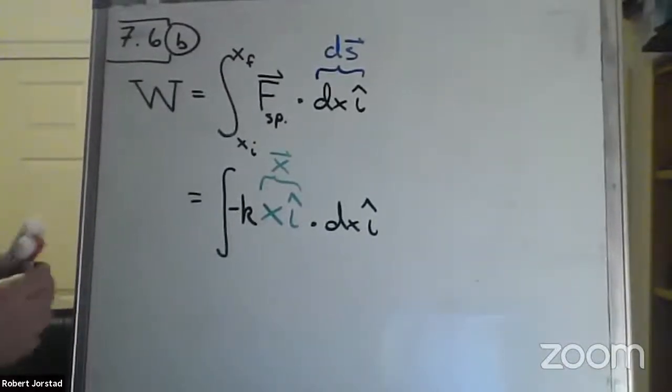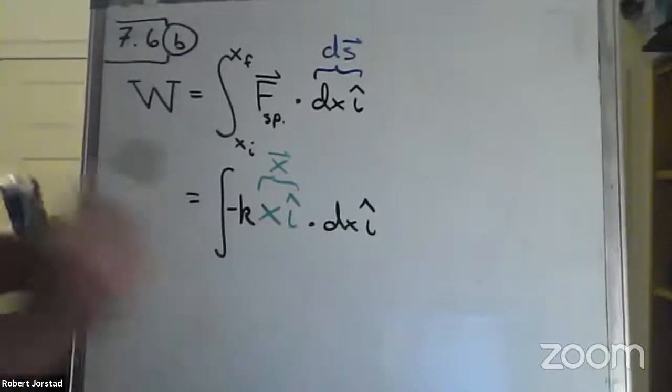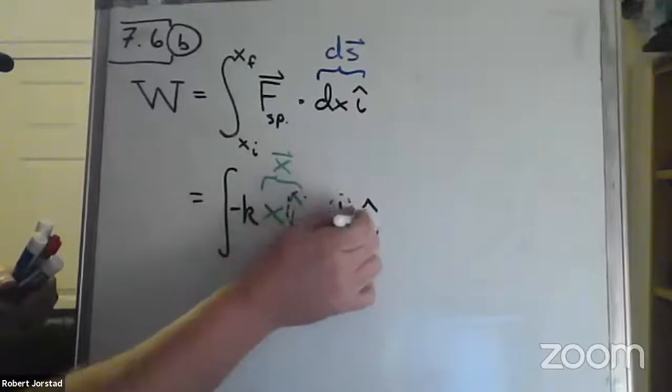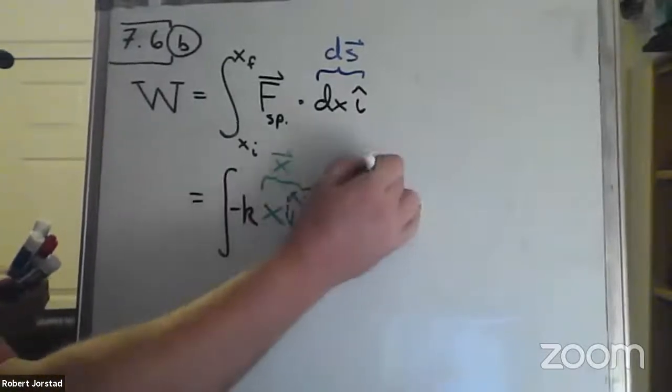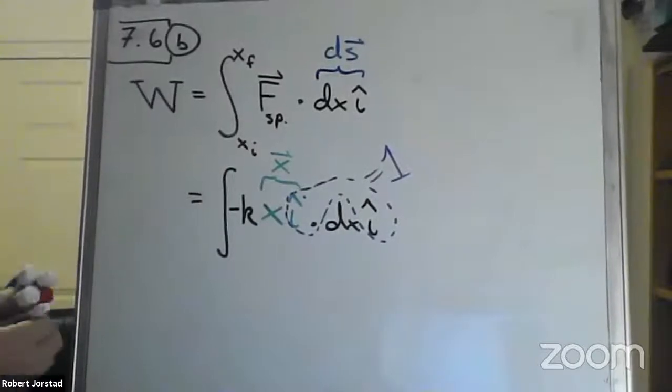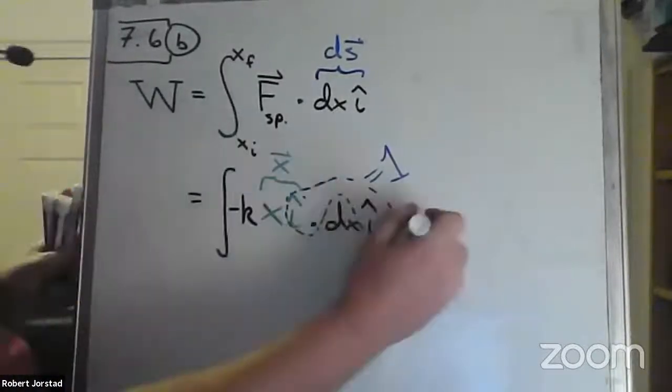Nothing crazy here. Again, we see that i hat dot i hat equals 1, and we get this integral.